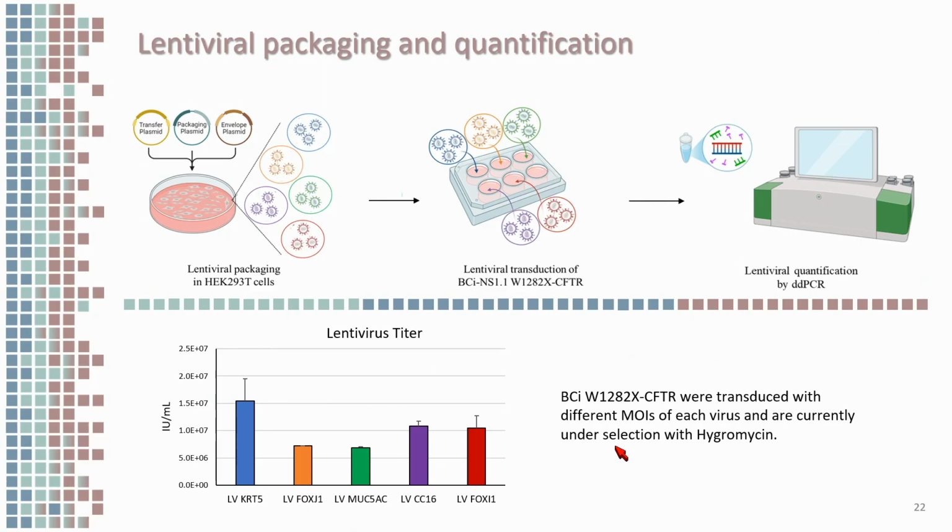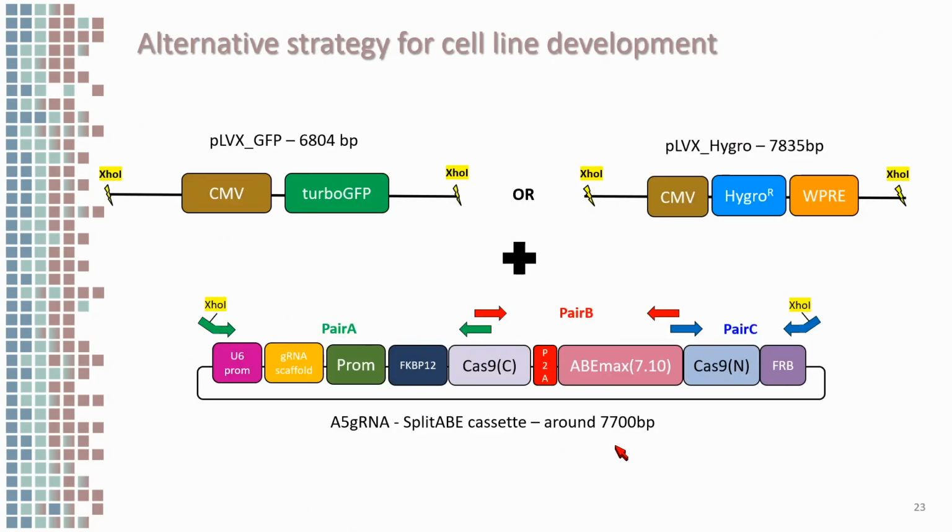We are also working on an alternative strategy for cell line development, to better assess the packaging and also to be able to select the cells that are stably transduced. We also produced alternative versions in which the hygromycin resistance gene has been replaced by turbo GFP, and so we now have the full set of constructs in which we have turbo GFP with the different types of promoters.